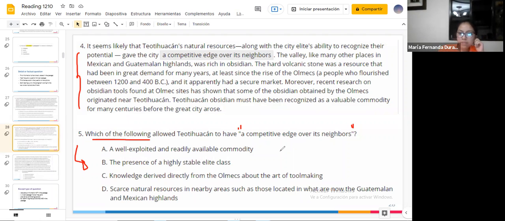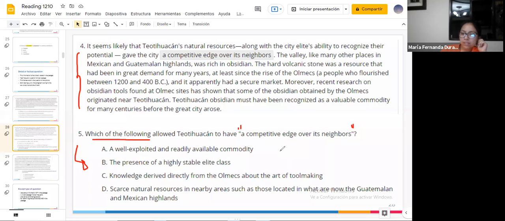The hard volcanic stone was a resource that had been in great demand for many years, at least since the rise of the Olmecs, people who flourished between 1,200 and 400 BC, and it apparently had a secure market.